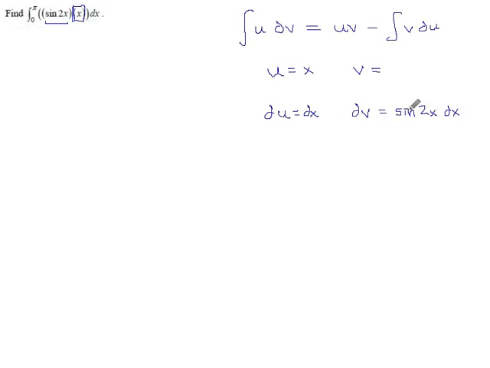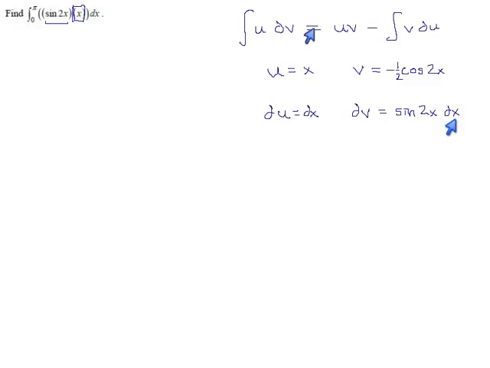The antiderivative of sine is, well, derivative of cosine is negative sine, so this must be a negative cosine 2x. And when we do the chain rule derivative on this, a 2 is going to pop out, so to make up for that, I'm going to need a 1/2 out here. I did that a little fast, but feel free to check it and integrate this if you want, just to make sure that I'm right. This should be the antiderivative of sine 2x dx.